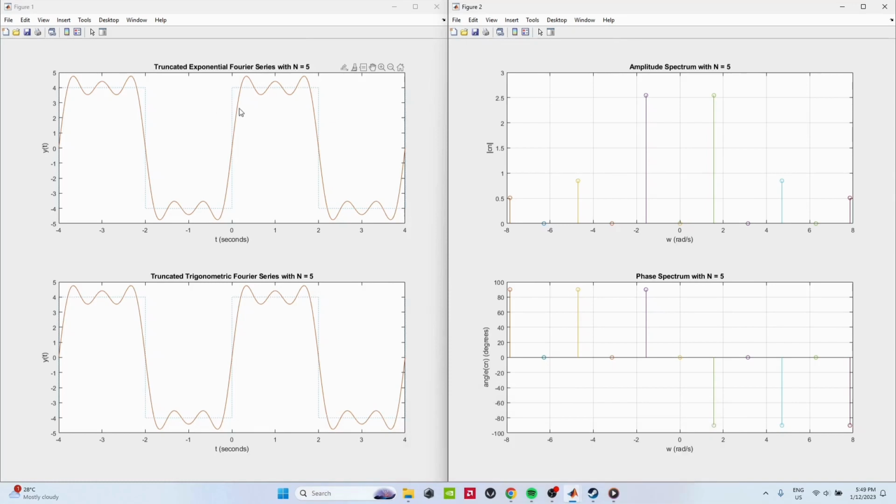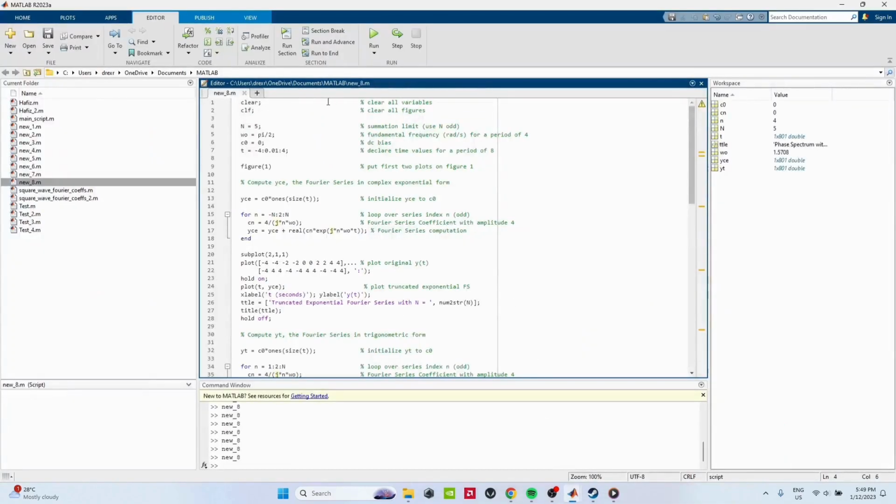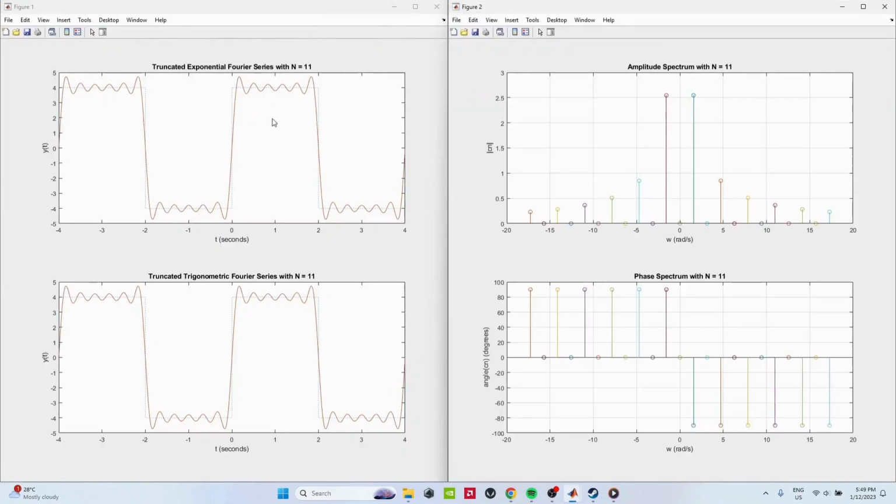So what happens when we increase the n harmonics to more than just 5? I'm going to demonstrate it. I'm going to choose n equals 11 and run it. Now we can see that when n equals 11, the reconstructed waveform is getting closer and closer to the original waveform, and there will be more amplitude spectrum and more phase spectrum on both the positive side and the negative side.